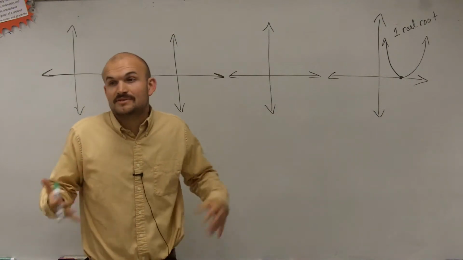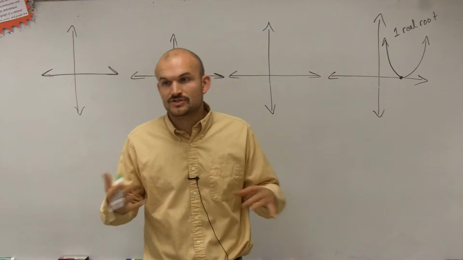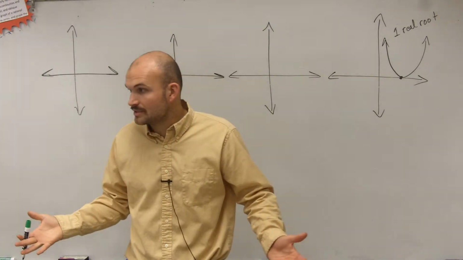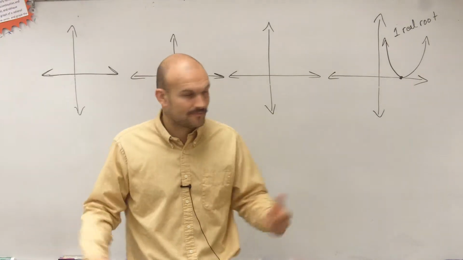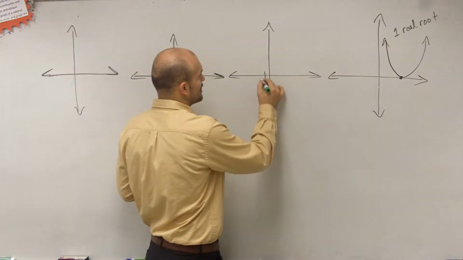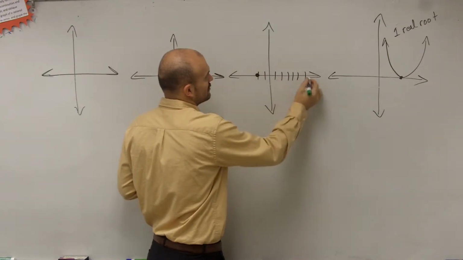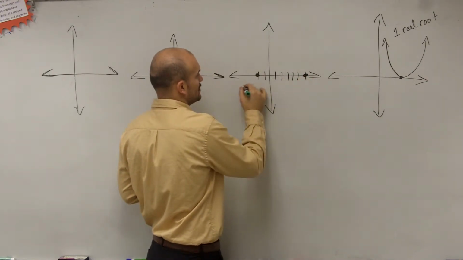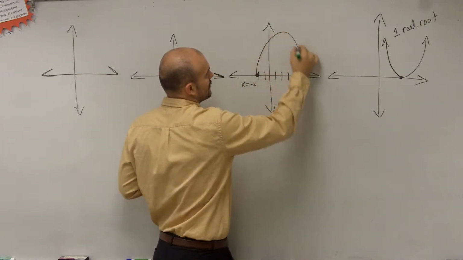Now, the more common type we used in this class was when we had to factor or solve and we got rational numbers. They could be fractions or whole numbers, but they were rational. An example was when we found the answers to be -2 and 6. So x equals -2, x equals 6.